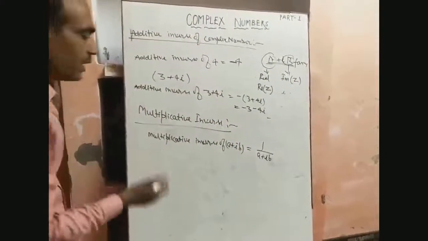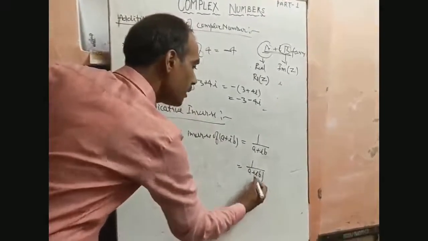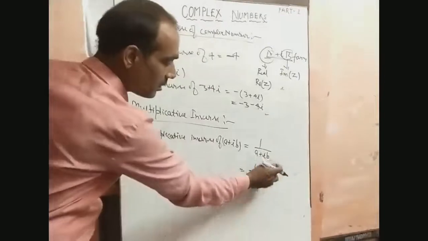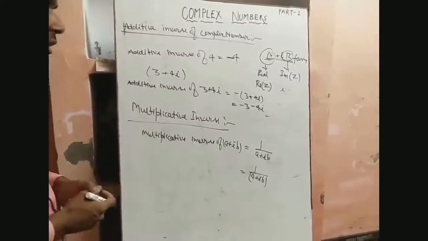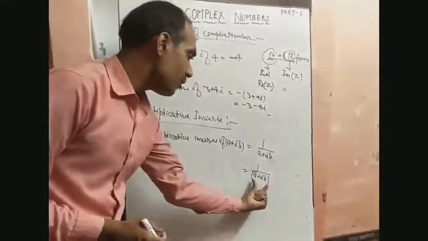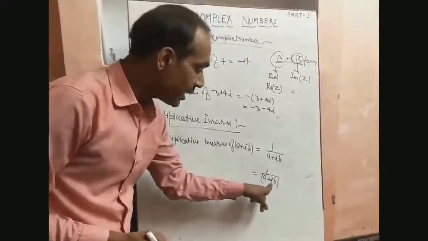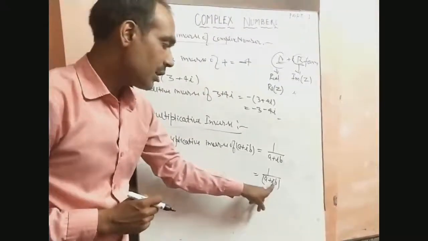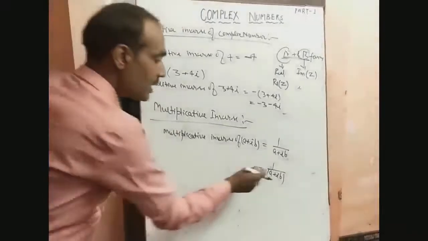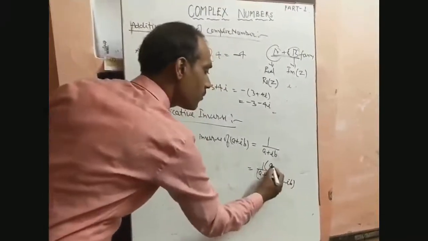Okay, then we multiply by its conjugate. Again, conjugate is a new word. What is the conjugate of this? Conjugate means we change only the sign of i. Here the sign of i is plus, so its conjugate will be a minus ib. Okay.